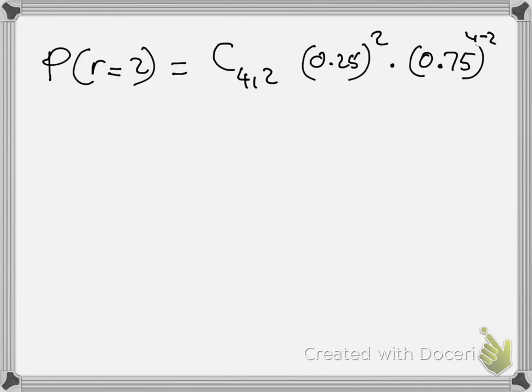Okay, so now what's 4 choose 2? Again, you can use your calculator. There's this symbol with the C index n r.